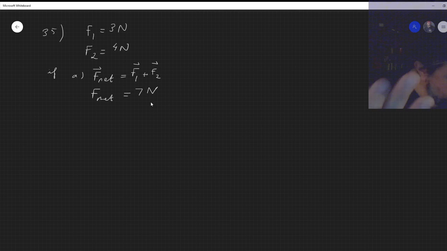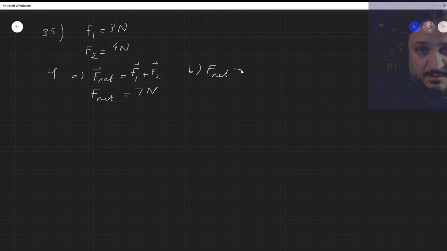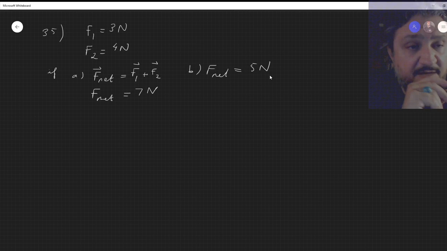And then you repeat this for part B, the net force is 5 newtons. And part C says what relationship between the directions gives the smallest magnitude net force, and what is this magnitude? Okay, let's worry about C later. Let's just find A first, and B will follow from there.